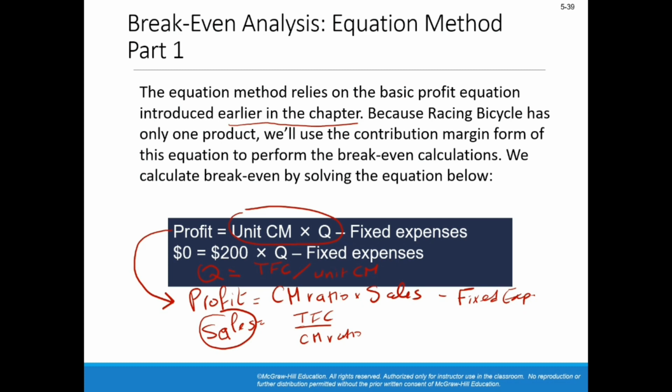So to get Q, use the equation with unit CM. To get dollar sales, use the equation with CM ratio.